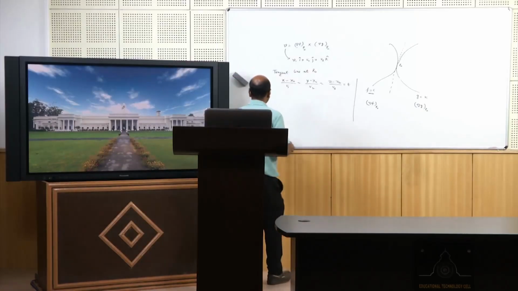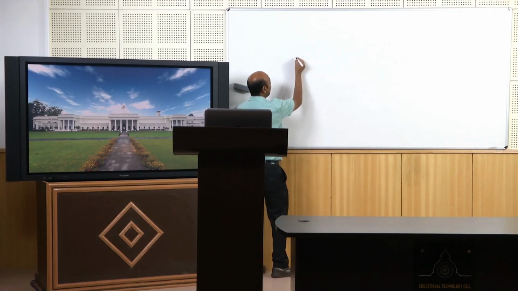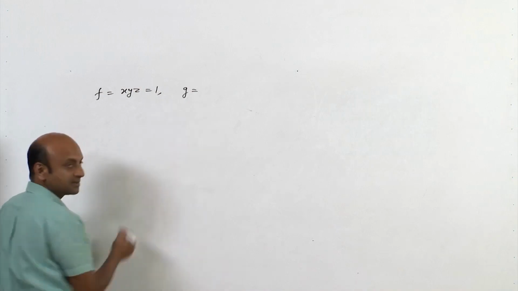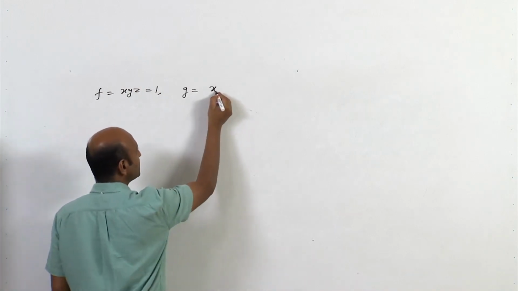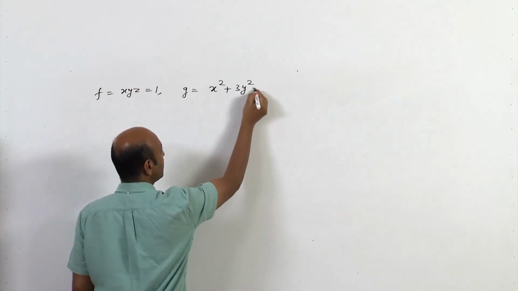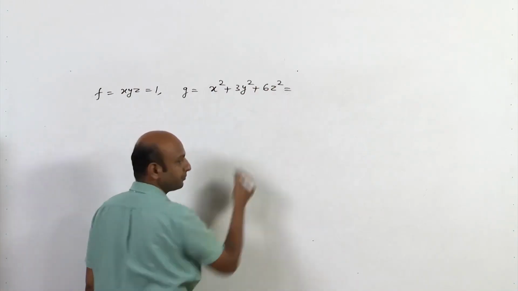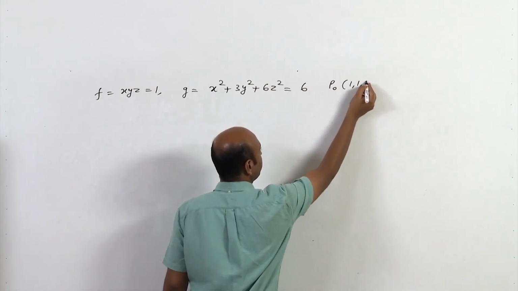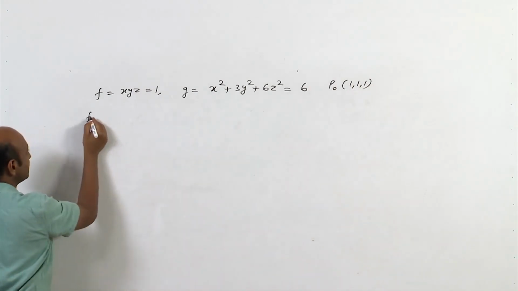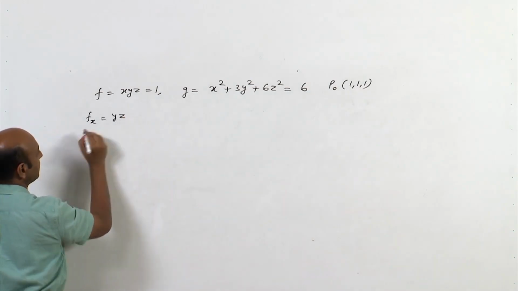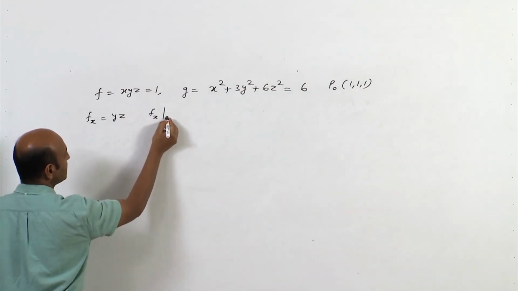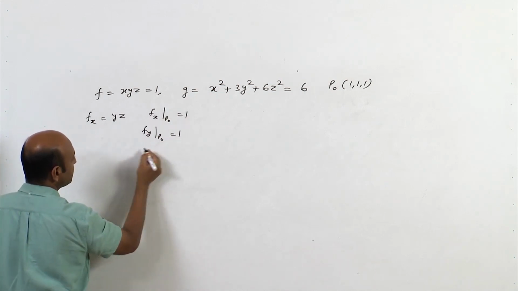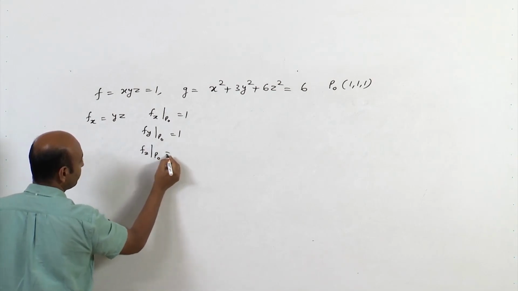Say we have first problem, okay. So, f here is xyz equal to 1 and g here is x square plus 3y square plus 6z square equals to 6, and the point is (1, 1, 1). So, what will be fx? It is yz. fx at P naught is 1, similarly fy at P naught is 1 and similarly fz at P naught is 1.